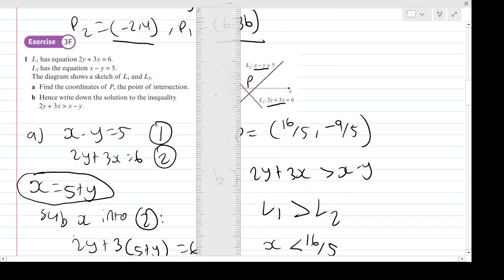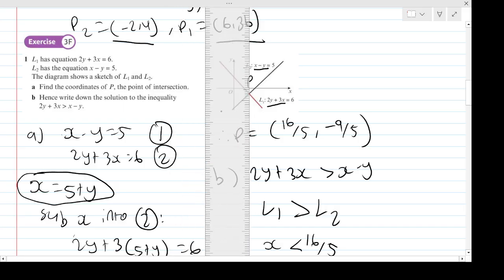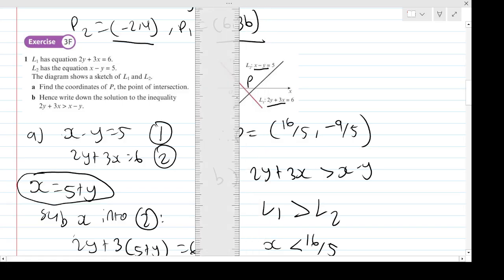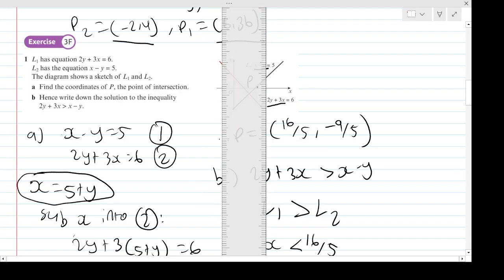This gap here between the two lines means that after P, as we move away from it, the second line, L2, is now bigger than L1. So L1 is less than L2. L1 is now below L2.